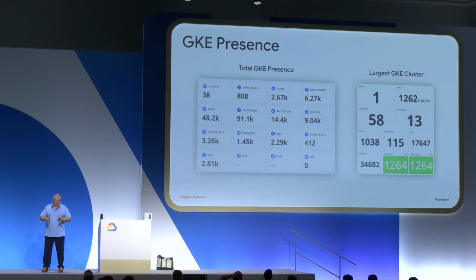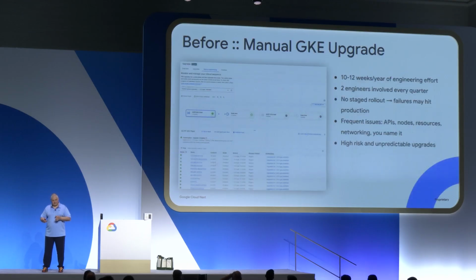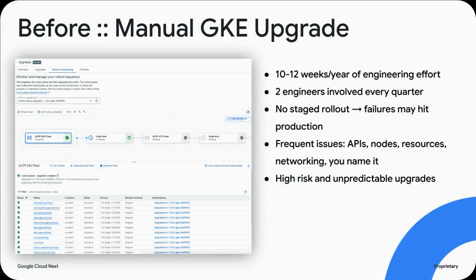And now I'll tell you what's the problem. So before we got this beautiful rollout sequencing feature, it took us about 10 to 12 weeks each year.